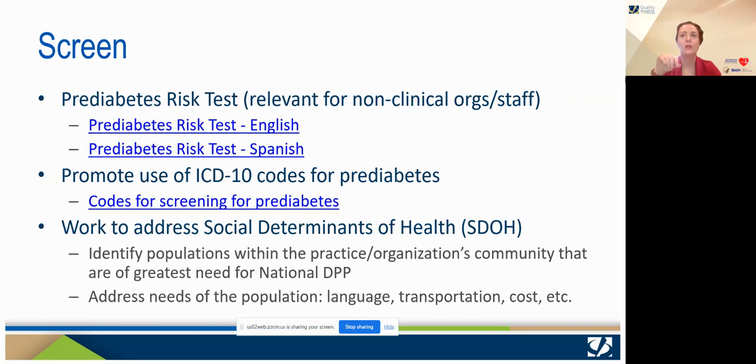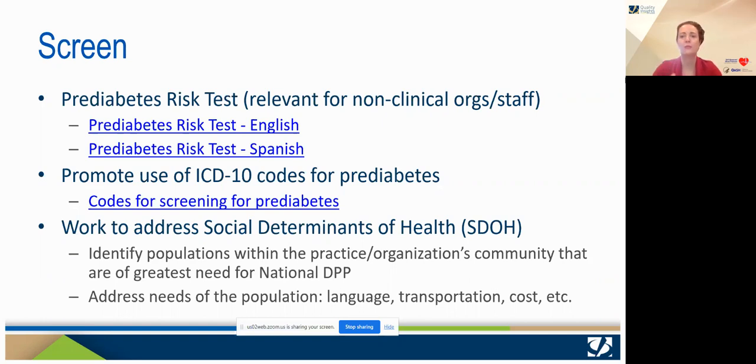So if you are doing outreach out in the field, or if you are a community-based organization and you don't have an electronic health record, the prediabetes risk test can be utilized to help assess whether or not a patient falls in the prediabetes range without having to do any blood glucose testing or looking at their medical record.